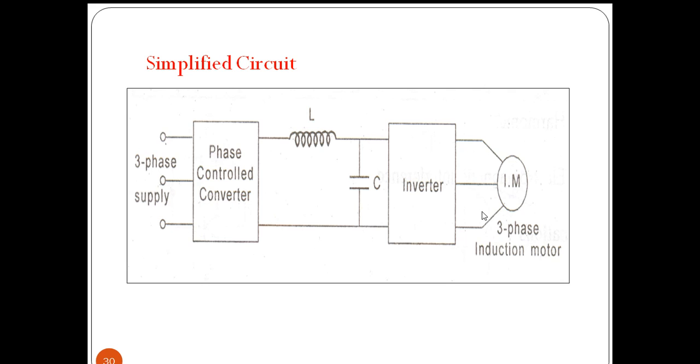The voltage level will be changed by properly triggering the thyristors which are present in the inverter, and this DC will be converted to AC, and this AC will be given as input to the three-phase induction motor. So the induction motor will run at the required speed. We are maintaining frequency almost constant, and we are varying the voltage of the circuit, the inverter.